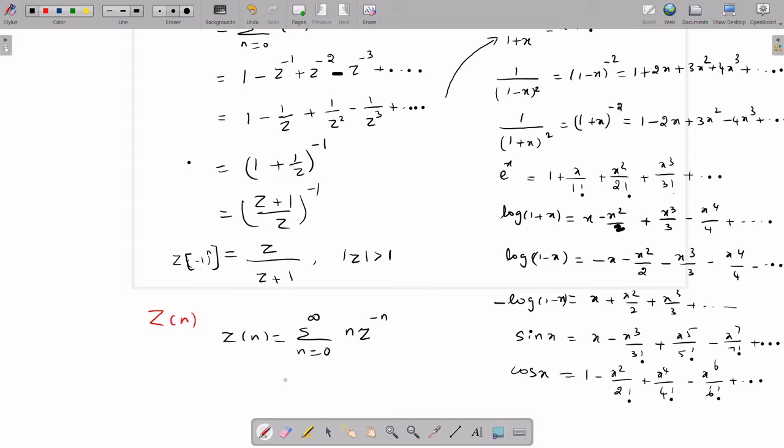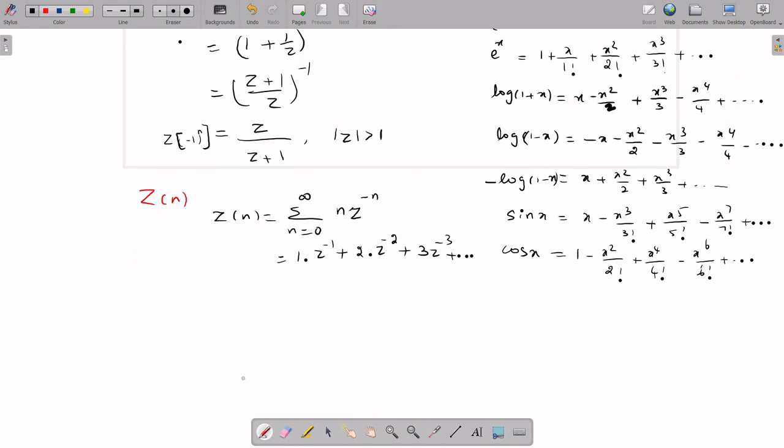When you're substituting n equals 0, this term becomes 0. N equals 1, you have 1 into z power minus 1, plus n equals 2, you have 2 into z power minus 2, plus n equals 3, you have 3 into z power minus 3, plus etc. Or you can write this term to be 1 by z plus 2 by z squared plus 3 by z cube plus etc. Here 1 by z is common, isn't it?